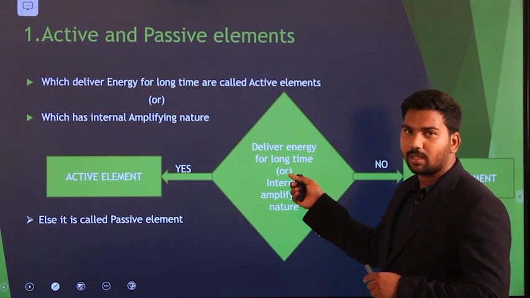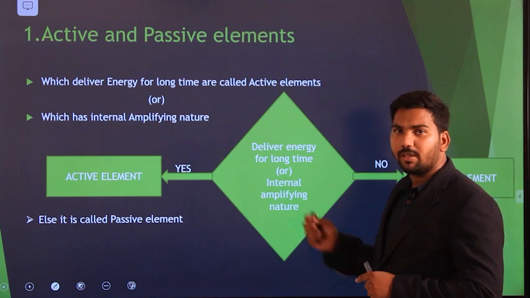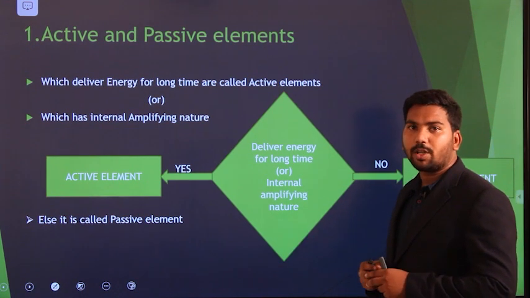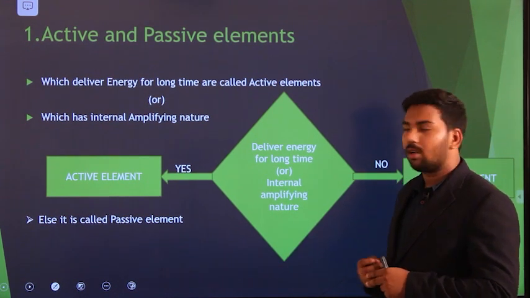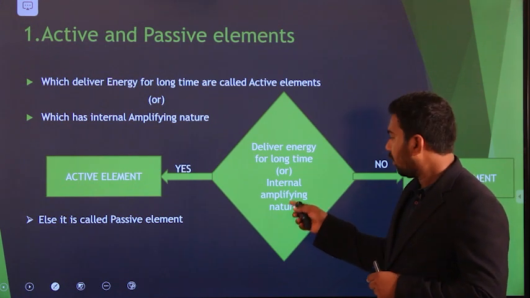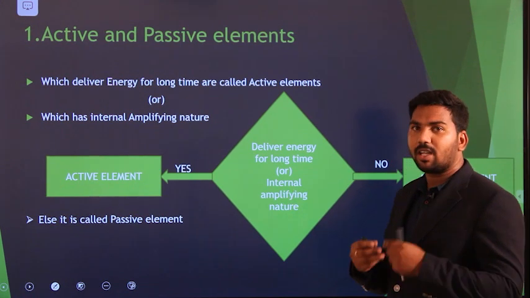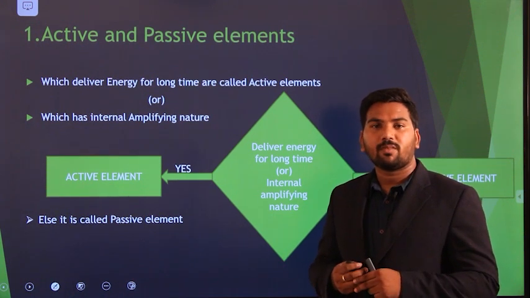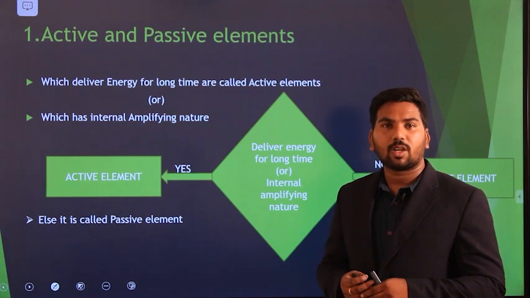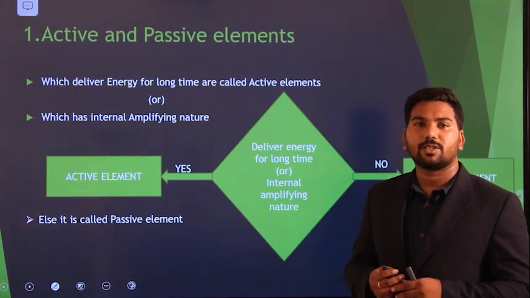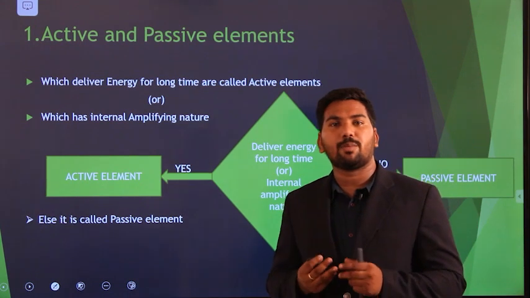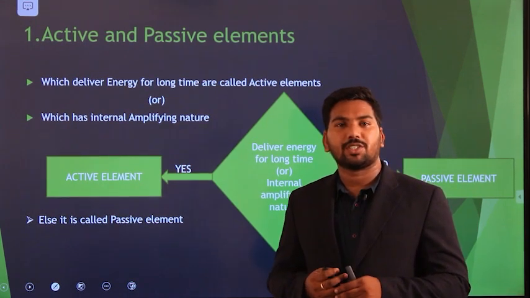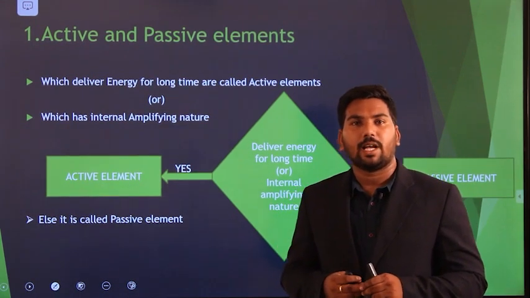If the element is delivering energy for longer time, then you can call it an active element. Or the other condition is internal amplifying nature. Elements having internal amplifying nature are called active elements. What are those? Your amplifier, BJT, MOS transistor, these are active elements.